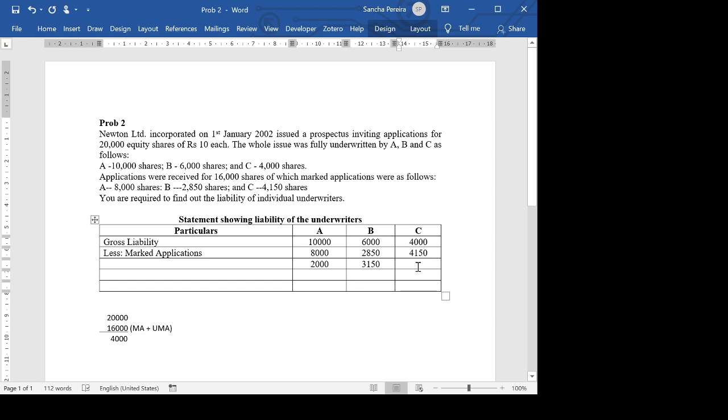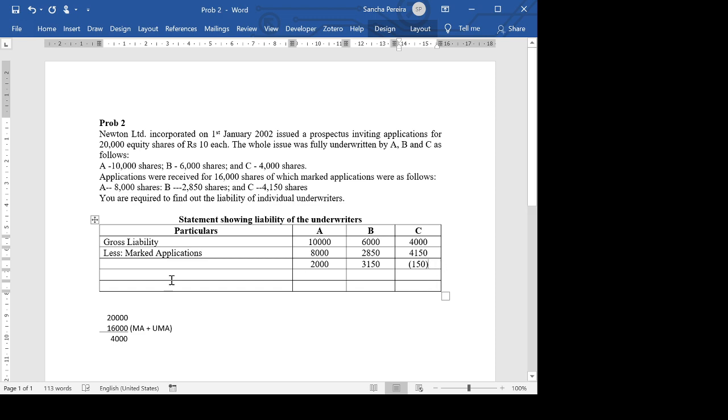That means additional. So he has received a surplus, and that's why I'm going to put it in brackets. His liability was 4,000, but applications that have come through him are 4,150. That means 150 are surplus, 150 extra. Now, what do we do with the surplus? We will see a little later.